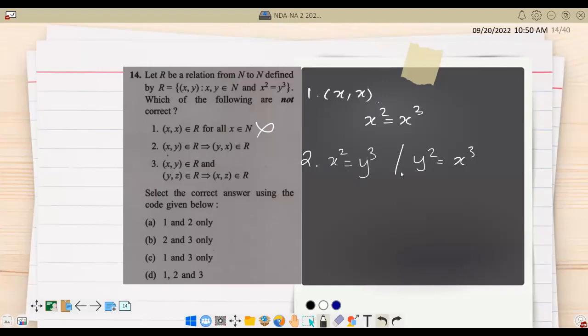If both of these should be true, then obviously only 0 and 1 hold true for both relations, but not all natural numbers. This can be ruled out also.